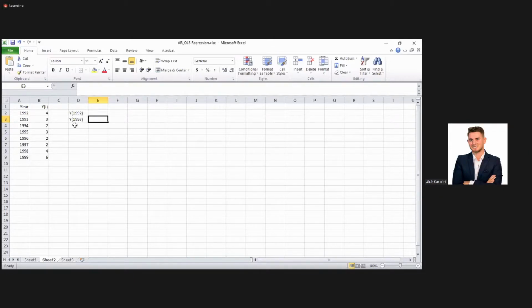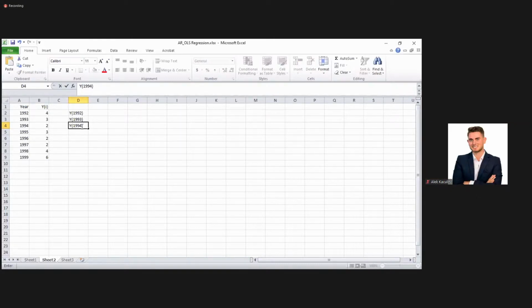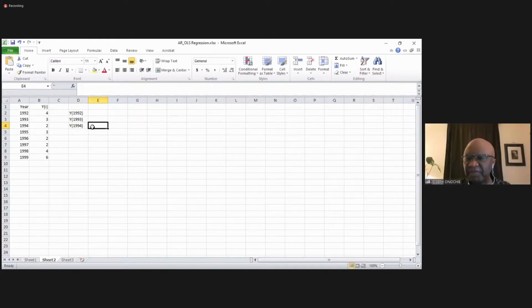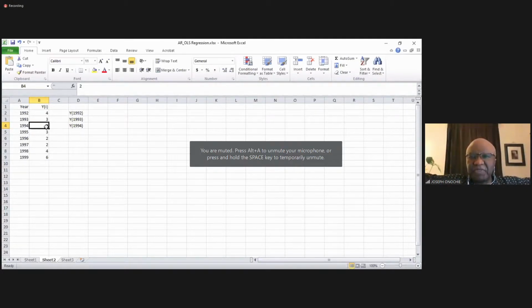So what other random variable do we have? This 1994, by itself, is a random variable. But we happen to observe only one possibility out of an infinite number.